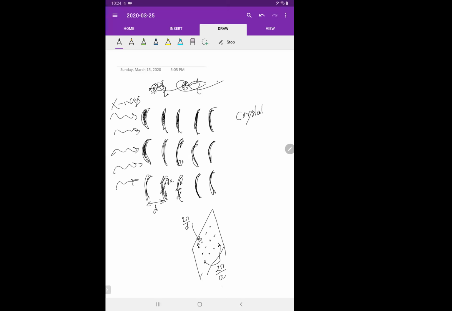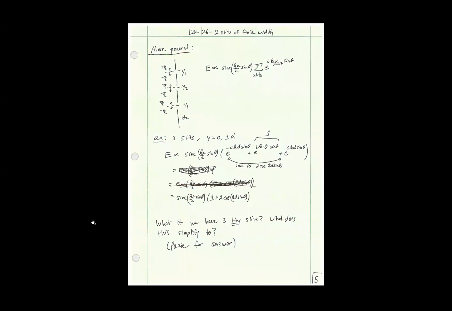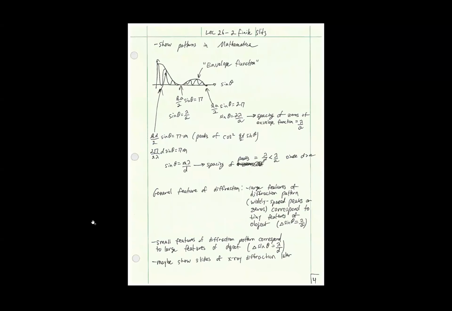All right, so let's go back to our notes. What we learned was that when we have two slits, the diffraction pattern is the product of two functions, one of them depending on the large scale features, the spacing of the slits, or, as we discussed in a protein crystal, the spacing of the crystalline units.